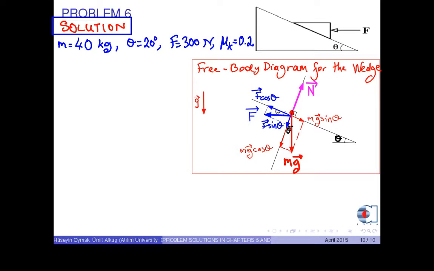In part A, we found that the wedge moves upward along the plane. Then, let the acceleration vector representing this motion be vector a as shown here. Additionally, since there is motion, there exists a kinetic frictional force denoted by vector Fk, whose direction is opposite to the motion, that is, downward along the plane.